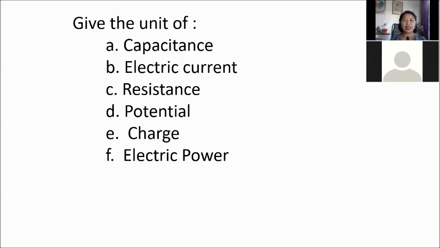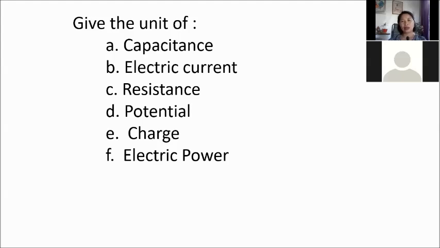Okay. Unit ng resistance, based on what we have discussed. Yes, very good. Galing. What about unit of potential? This is week, actually, capacitance week 4, week 3 yata itong potential. Correct. Volt. Okay.